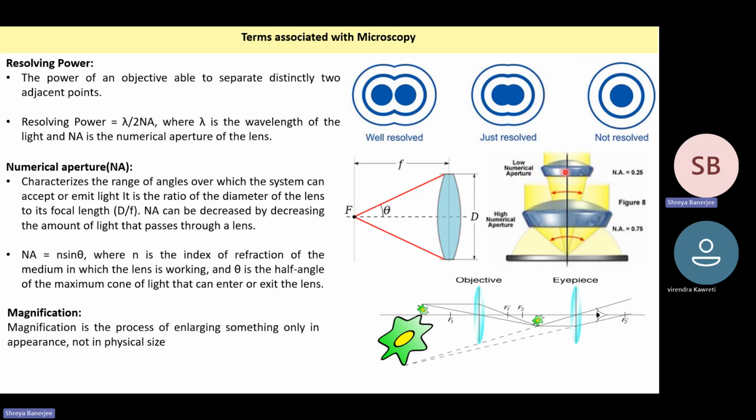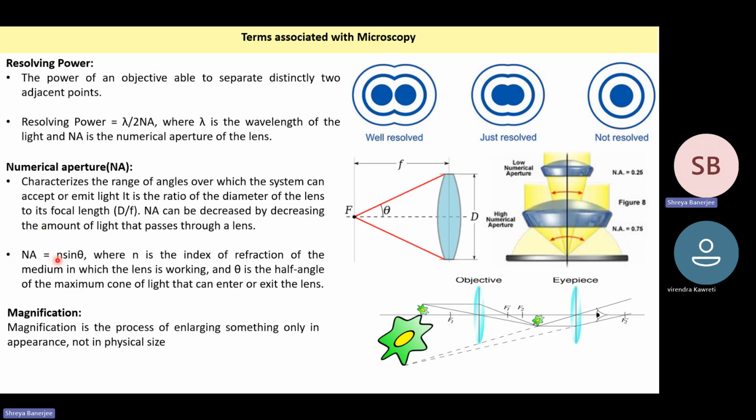Its diameter is lower and it is allowing less light to pass through it. Because the diameter is low, numerical aperture will be smaller. You can see it is only 0.25 compared to 0.75 of the lower lens. So by decreasing the amount of light passing through the lens, you can decrease the numerical aperture.